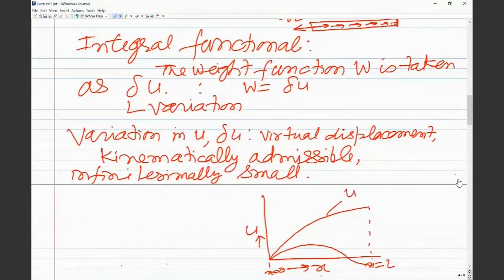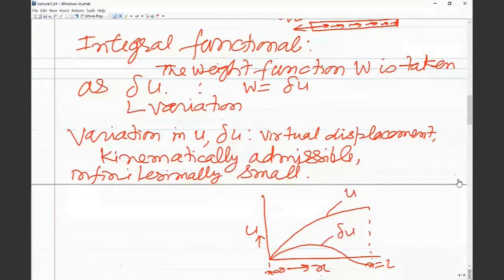This is the plot of u, and this is the plot of delta u, the variation in u. So kinematically admissible means wherever the primary variable is specified, there the variation in that variable must be 0.